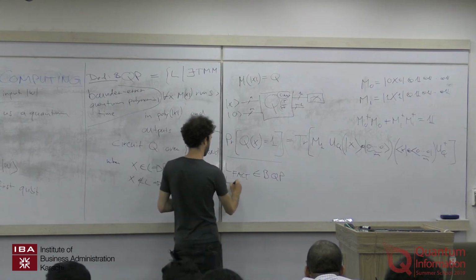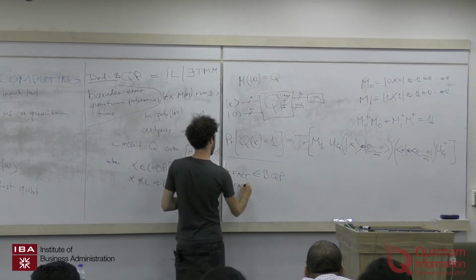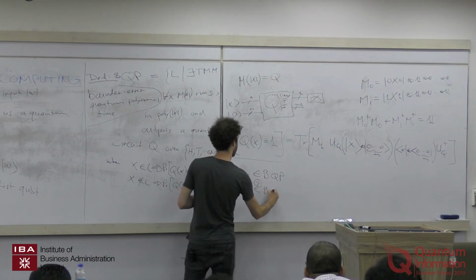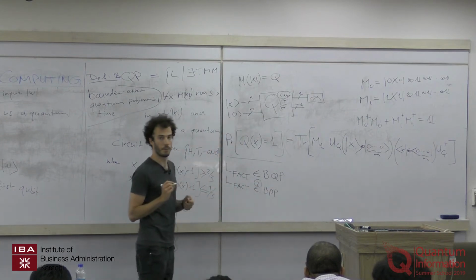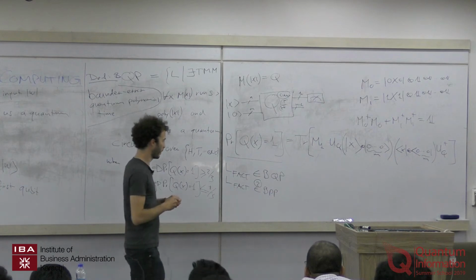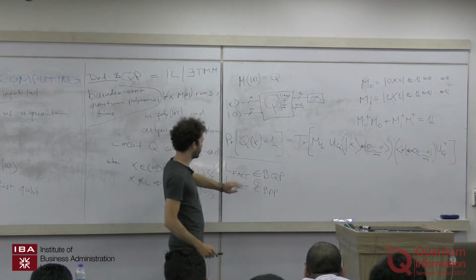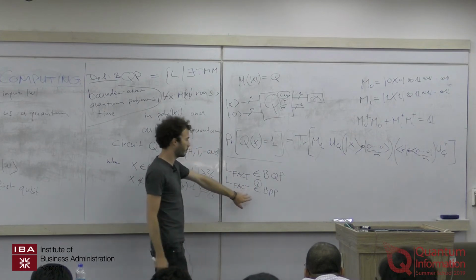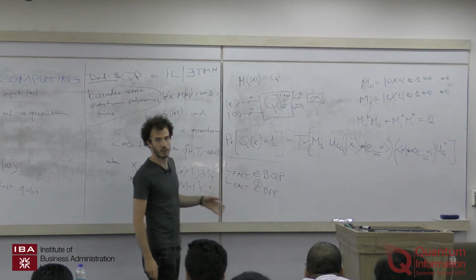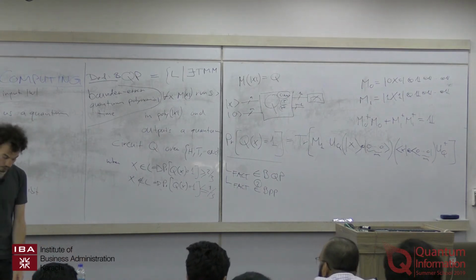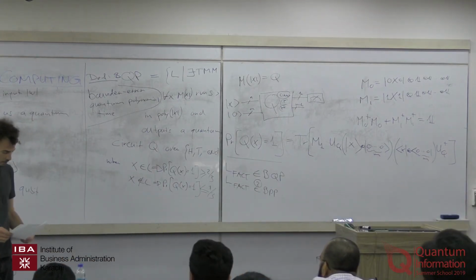But of course, it's a big question whether it is in BPP. We don't know. And a lot of cryptography is based on that, right? That we cannot factor efficiently, or we think we cannot, but with a quantum computer we could factor efficiently.